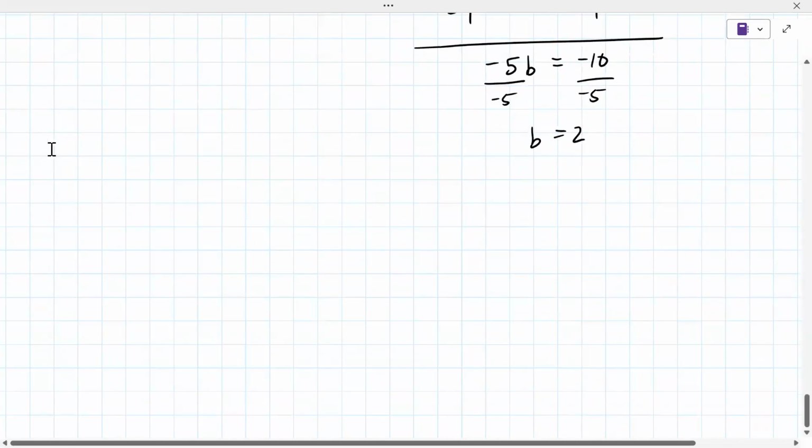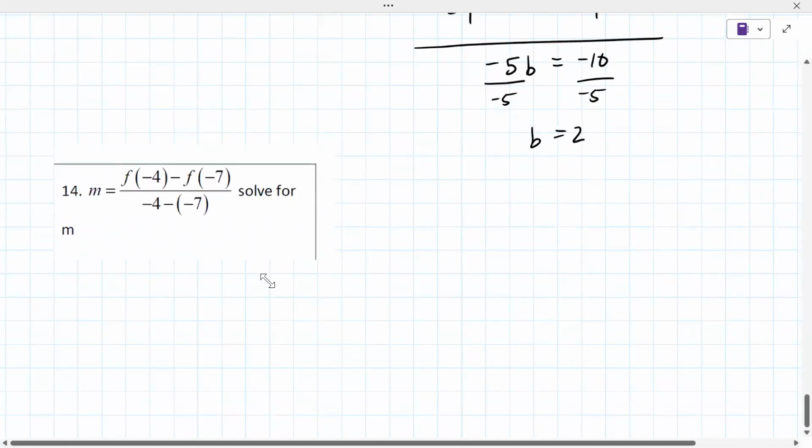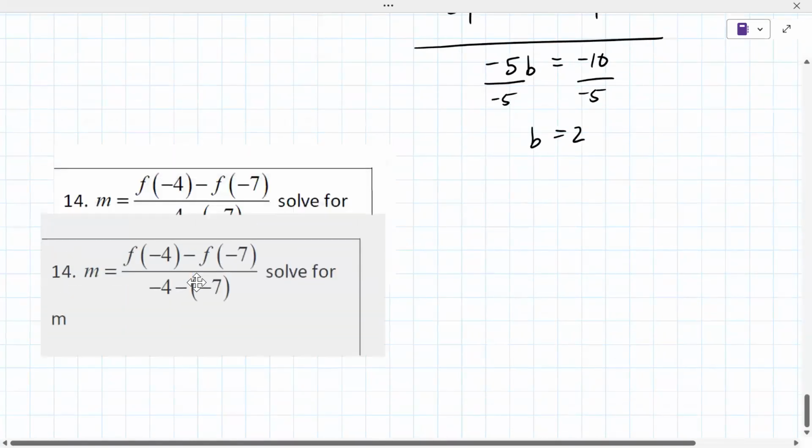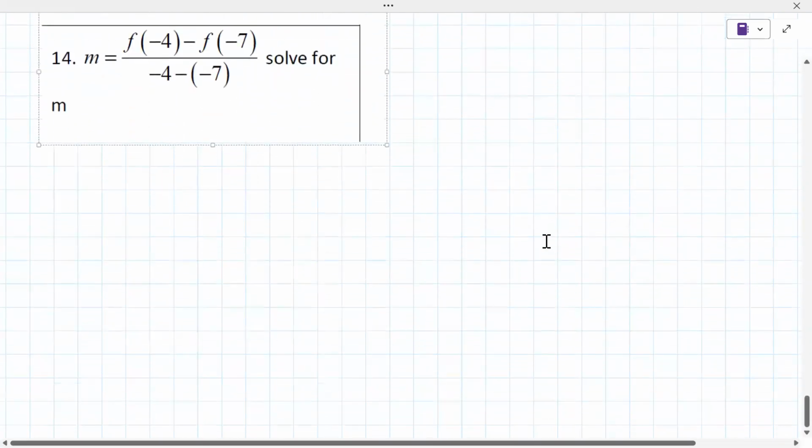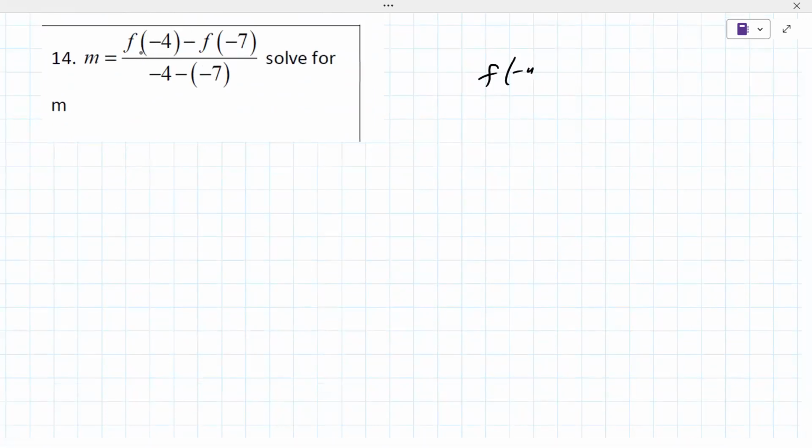All right, so assume you have the table up on your side, or do you need me to copy down the table again? I have the table. Okay, so give me the value of f of -4 and give me the value of f of -7, please.